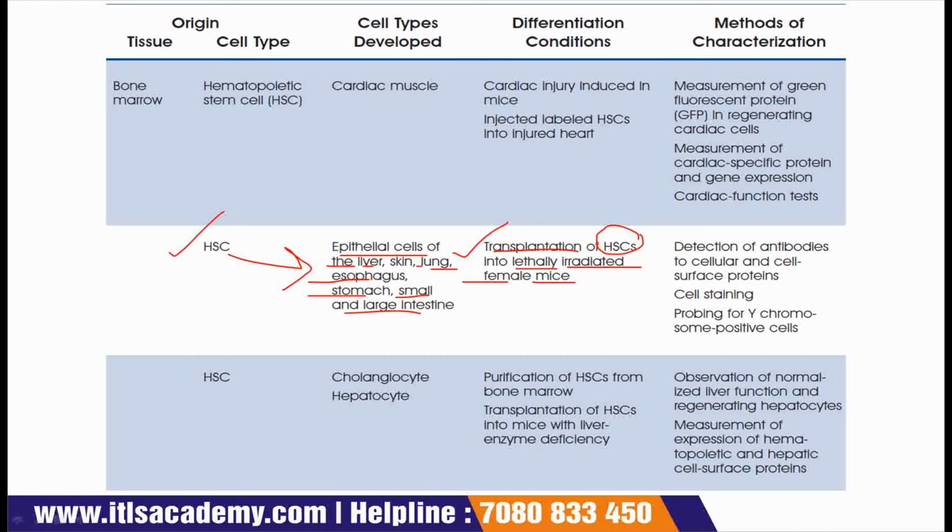Method will be detection of antibodies. As we are transplanting these hematopoietic stem cells, there will be formation of antibodies. So for the characterization, detection of antibodies will be done. Apart from this, there will be cell staining, and the next method is probing for Y chromosome positive cells.